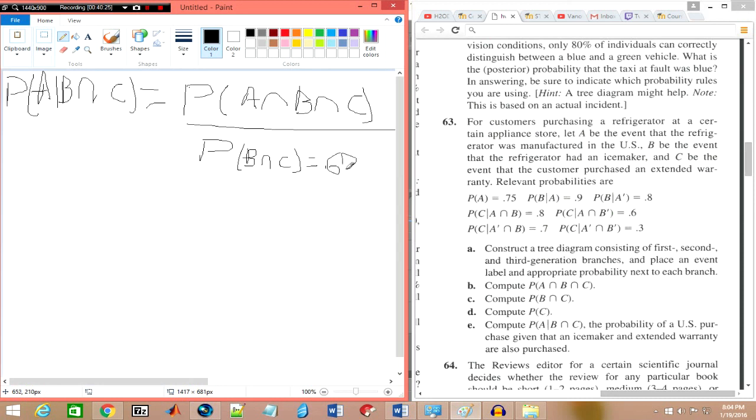We know that that's equal to 0.68, and we also calculated this to be 0.54. So we know this is equal to 0.54 over 0.68. And according to my calculator on my phone, 0.54 divided by 0.68 is equal to 0.79 and about half, but I'll just put 79.